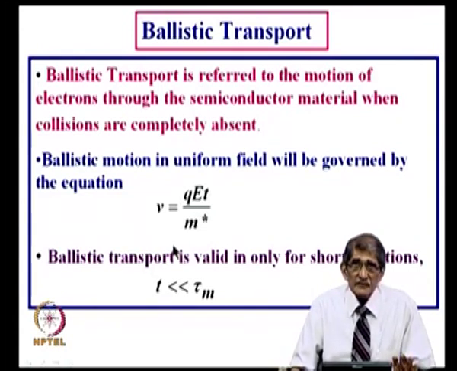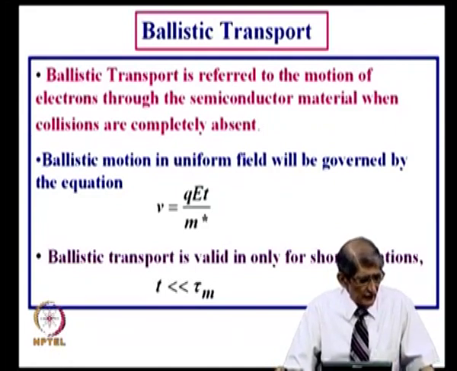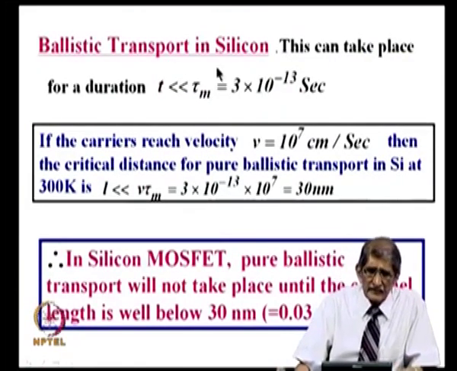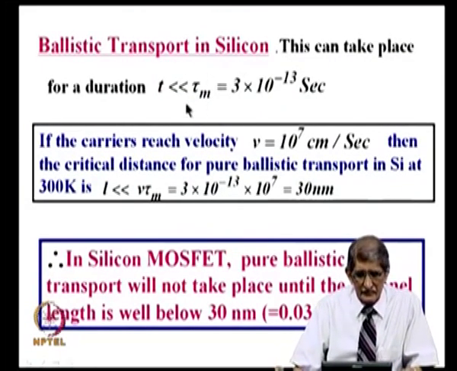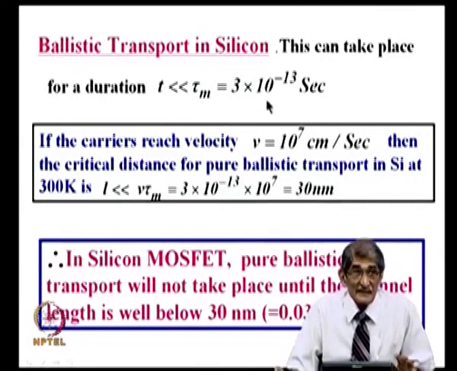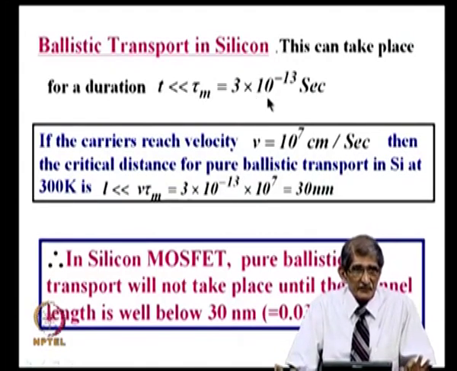Now, ballistic transport will take place so long as the time is less than the collision time. There is no collision. Now, let us see what it is in silicon. This is something people have simulated from Monte Carlo simulation, etc. They have seen that for silicon, the average collision time is about 3 into 10 to the power minus 13 seconds, that is 0.3 picosecond, very small.